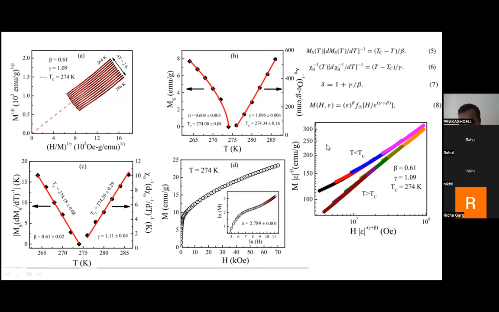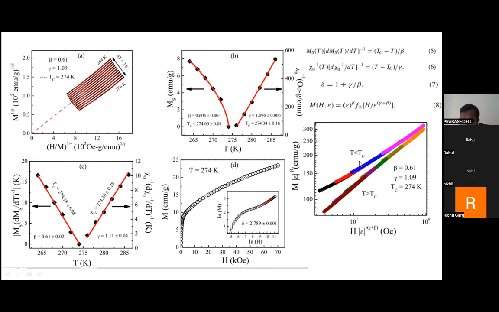And you can clearly see this is known as the scaling hypothesis. What does the scaling hypothesis say? It says the critical exponents or the order parameter vary differently before transition and after transition. The critical exponent before transition falls into one universality class, and after transition into another universality class.